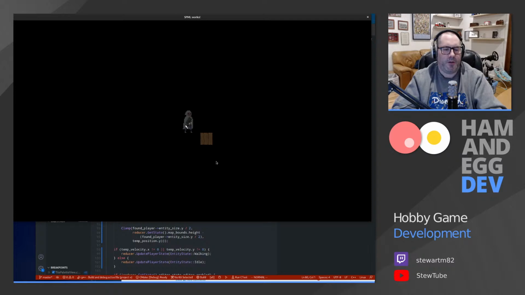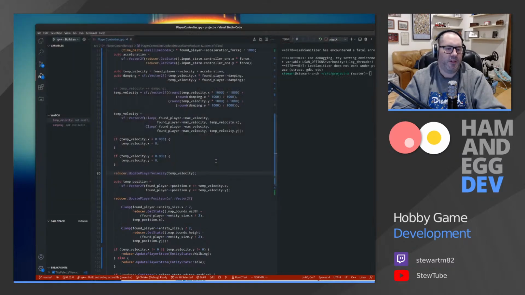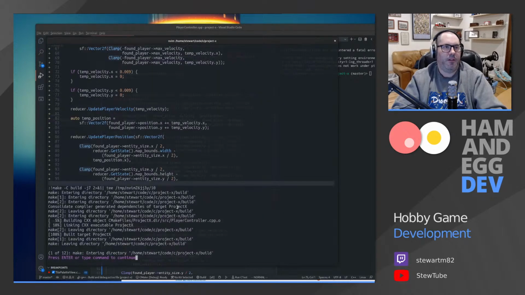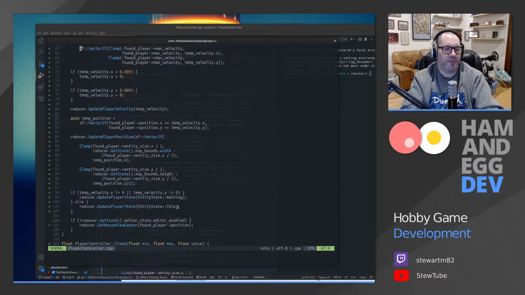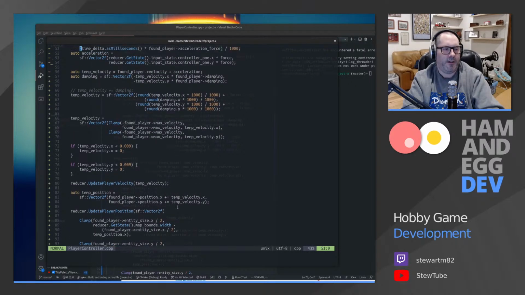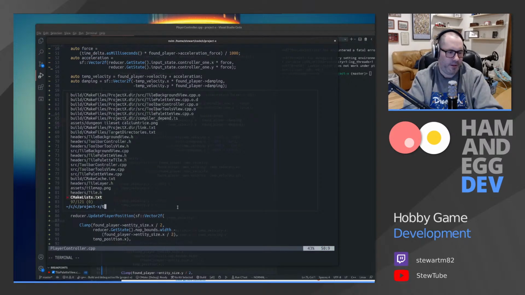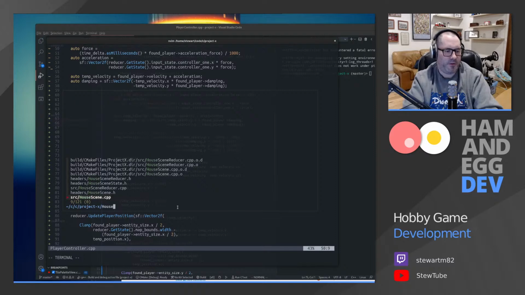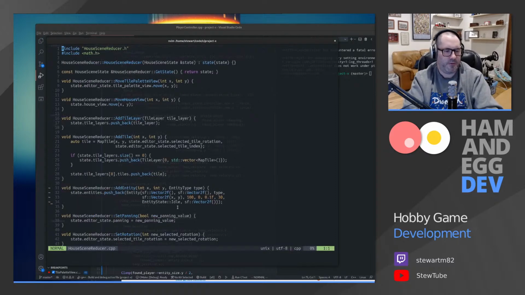Doesn't walk right at all. But he stops walking, so that's getting zeroed. Okay, so the damping, I'm thinking, has to be a lot higher. Where was that again? I think it's in the reducer.